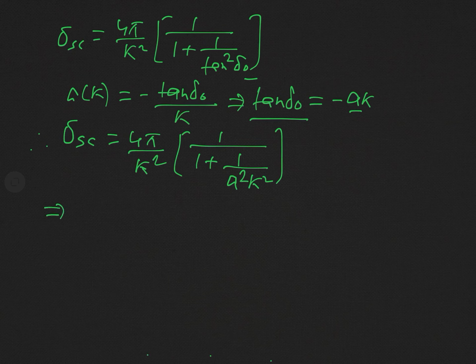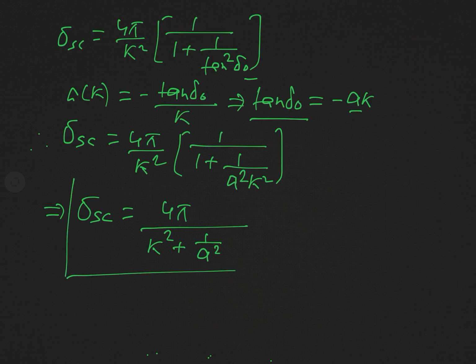Now if we multiply by this factor k square, what will be our result? You can see this will be sigma SC equal to 4 pi over k square plus 1 over a square. This a also depends on k, you know.